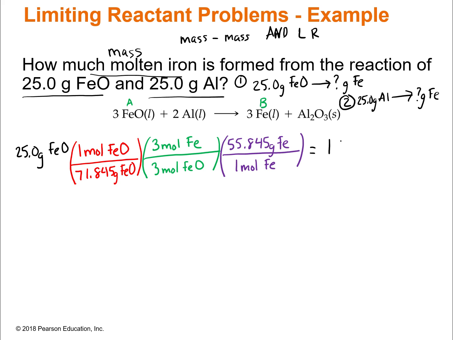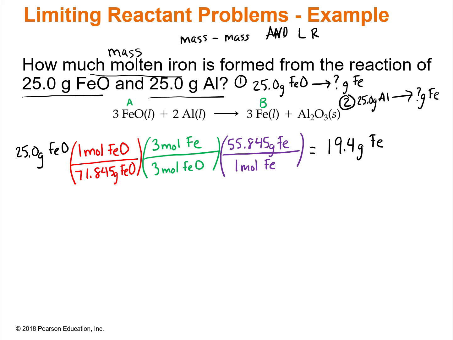And when you do all of that, you should get 19.4 grams of iron. But we're not done yet. That was only part one, figuring out how much molten iron we'd make if we just had 25 grams of iron 2 oxide and all the aluminum in the world.